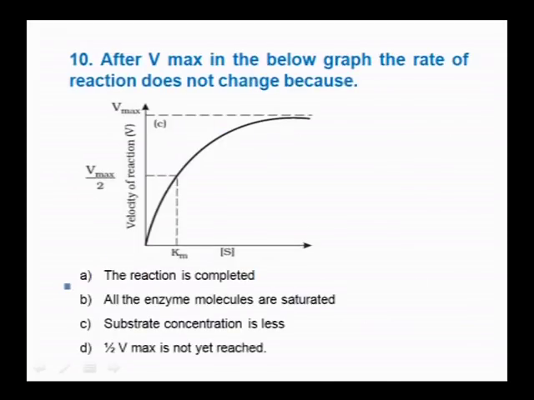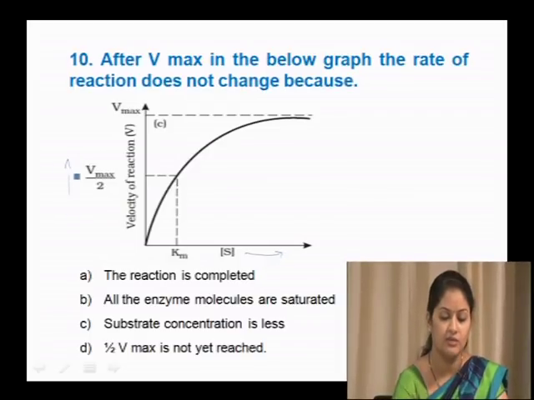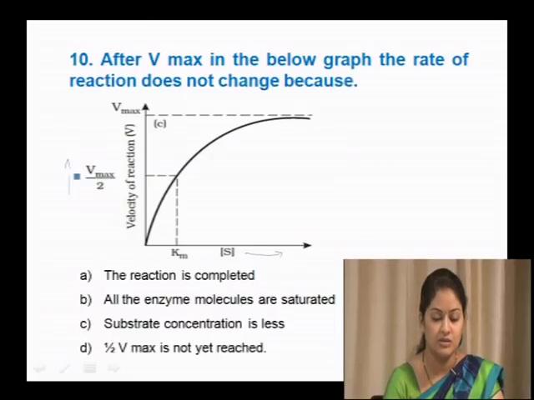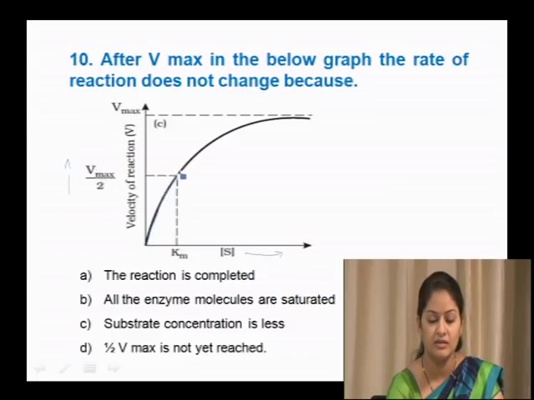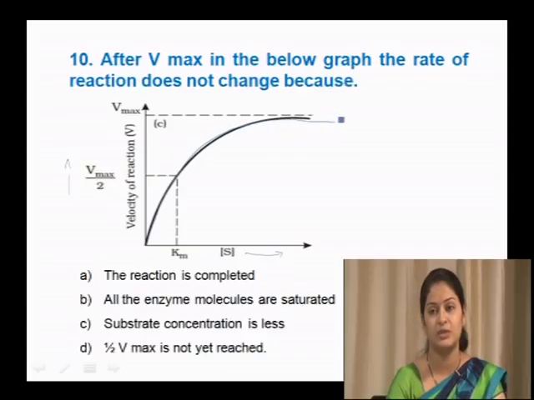Moving on to 10th question. After Vmax in the below graph, the rate of reaction does not change. So let us understand the graph first of all. The lower axis is indicating the substrate, and on the other axis we have the velocity of reaction. When rate of reaction is compared with the substrate, we can identify that the graph is taking a leap and then coming to a stationary phase, or it is becoming steady.